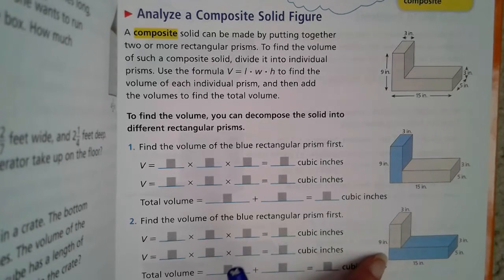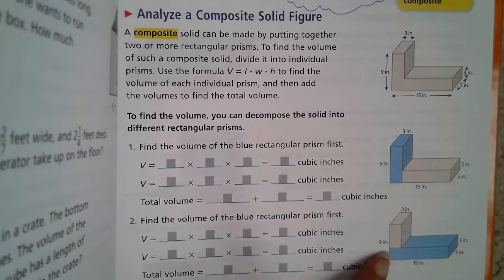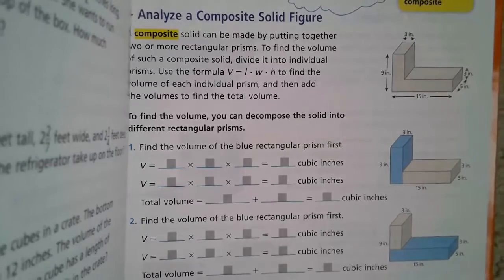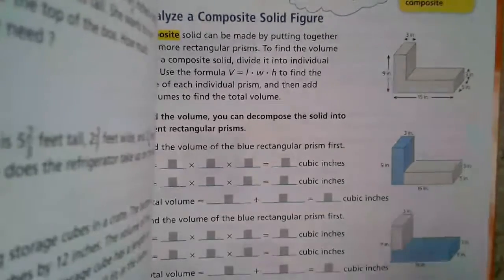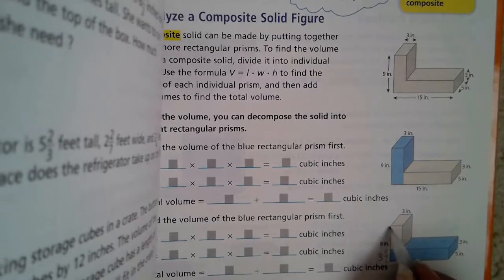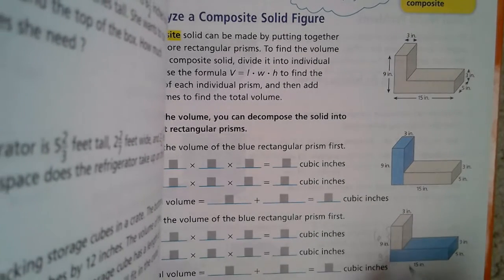So what we have to find out is how tall is this blue part. I'm going to look for another line that looks like that one. I see a line here, but that doesn't tell me. And I see a line here, and that says it's 3. So if this right here is 3, then this right here is 9 minus 3, which is 6 inches.